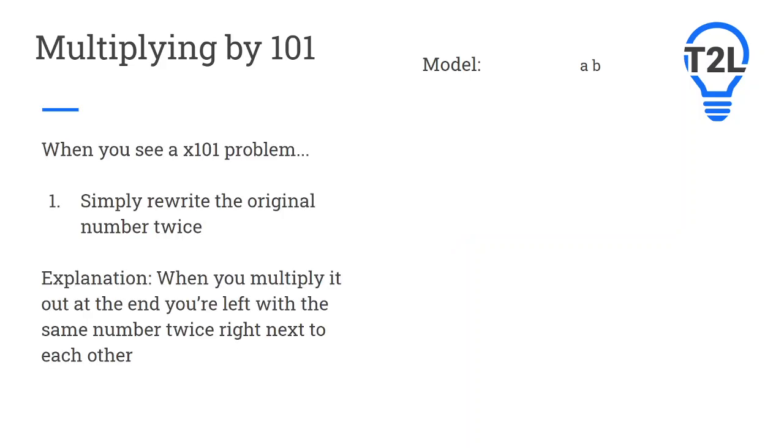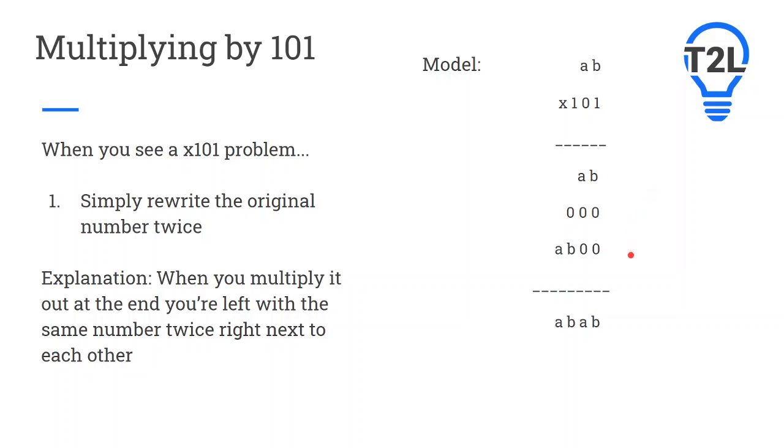Okay, so now we're going to go on to 101, which I would say is easier than 11, definitely. When you have a 2-digit number times 101, all you need to do is rewrite the number twice. To think about it, the first part is multiplying your original number times 1, so you would just have A and B. For the middle part, it's just 0, since you're multiplying the number times 0, so there's nothing there.